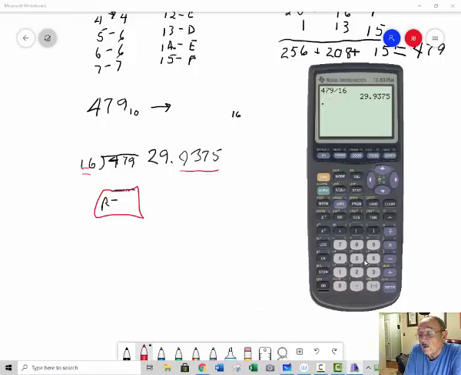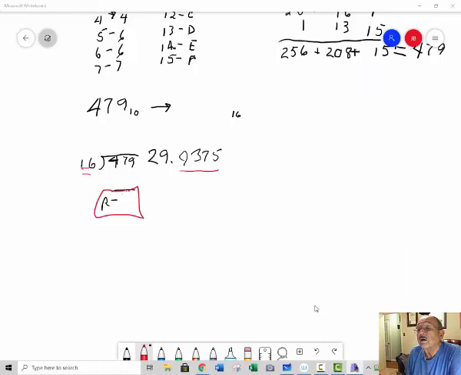What is 16 times 0.9375? Well, 0.9375 times 16 turns out to be 15. So that means that I have a remainder here of 15.